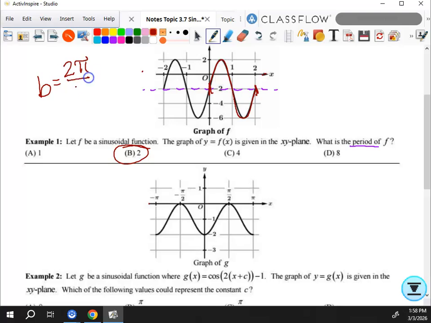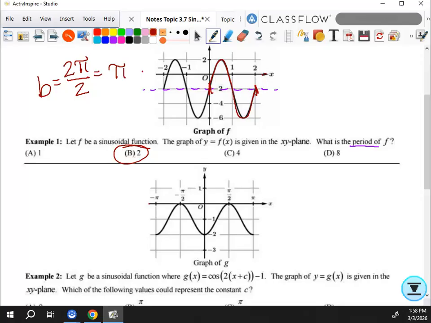The period is 2. So when I divide that out, that gives me pi. So sometimes your b value has pi in it and sometimes it doesn't, just like your input values sometimes have pi in them and sometimes they don't. But no matter where there's a pi or not, you still do 2 pi divided by one of them to get the other. Okay, we okay with that?